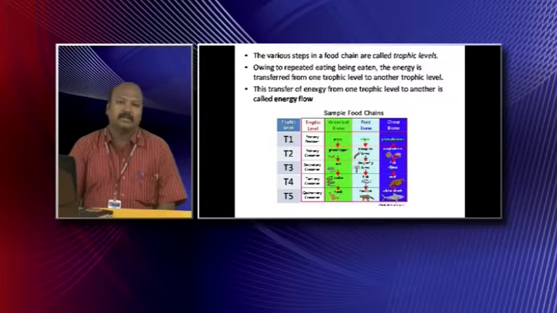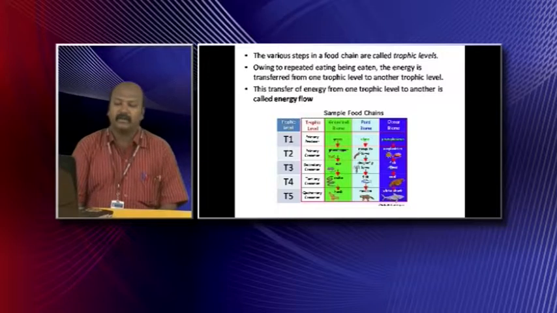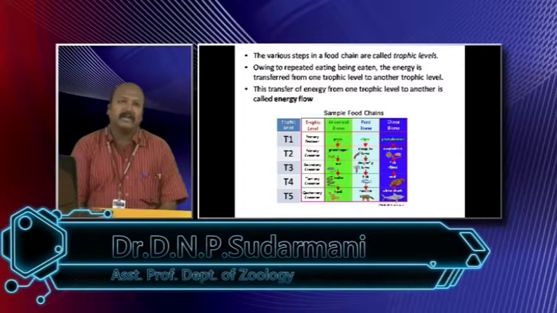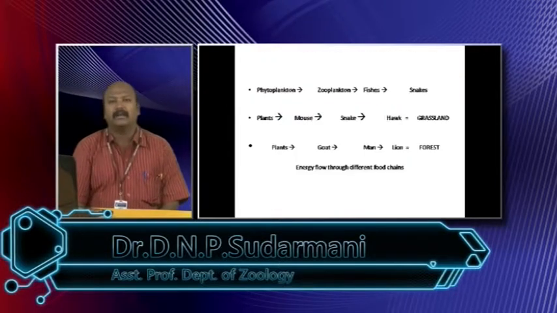See, up to 5 trophic levels have been mentioned here. In all food chains, the energy is trapped by the producers, then transferred from one trophic level to another in a chain form.